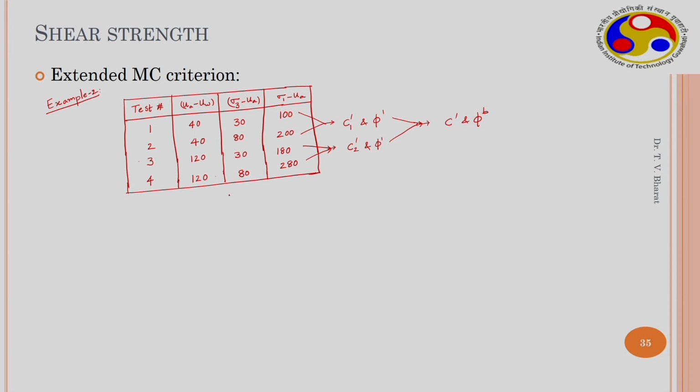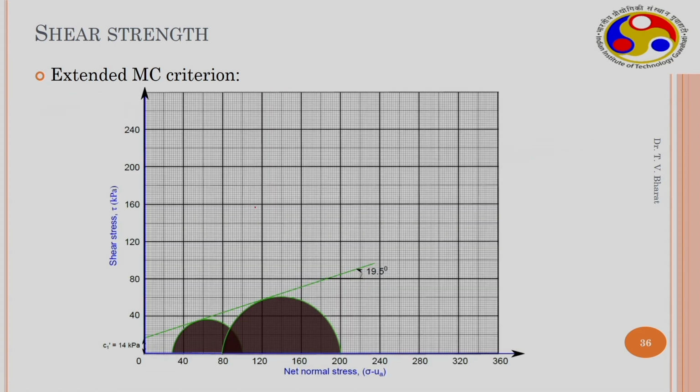So, from the first two sets of data, when we substitute in the M-C criterion, that is sigma 1 minus UA is equal to sigma 3 minus UA tan square 45 plus phi by 2 plus 2C1 dash tan 45 plus phi dash by 2, this is at one particular UA minus UW.